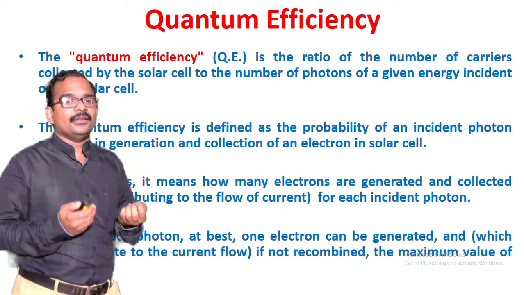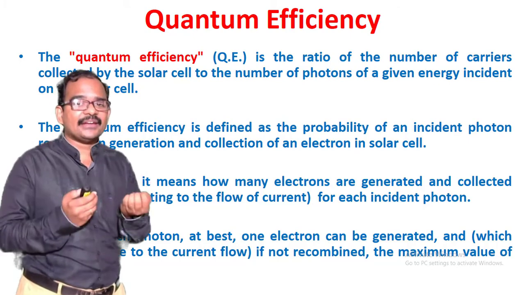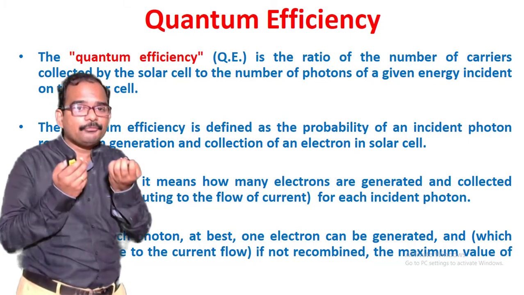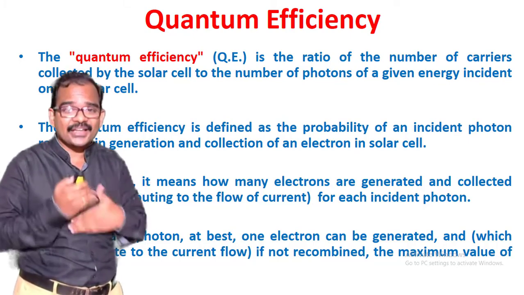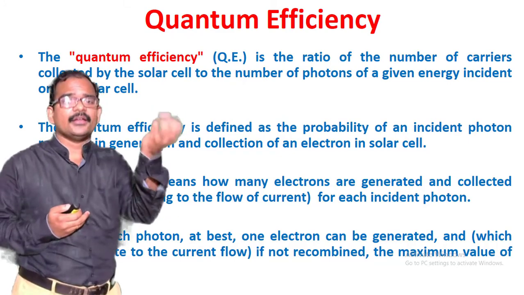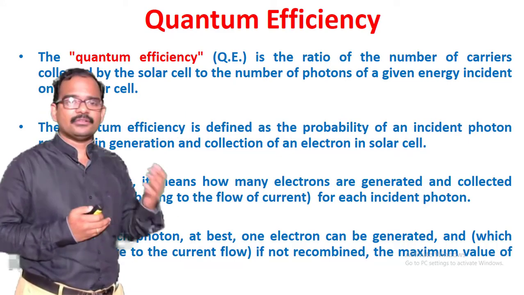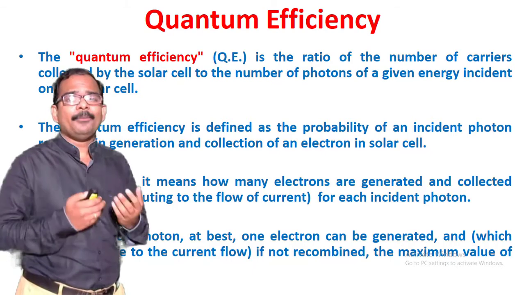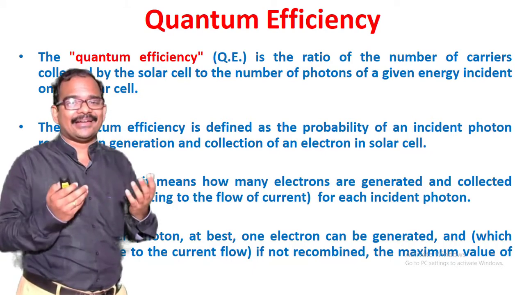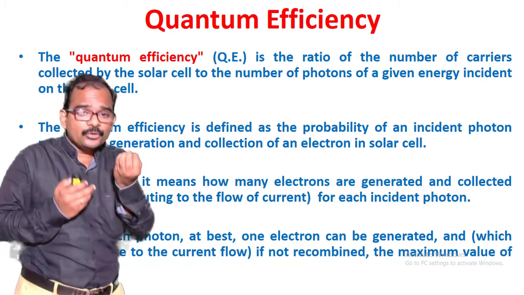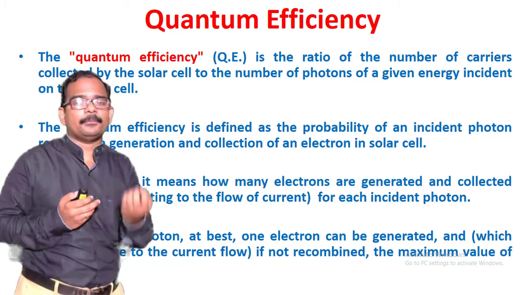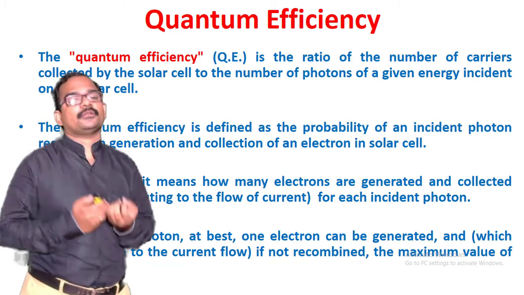In short, the quantum efficiency is defined as the probability of an incident photon resulting in the generation and collection of electrons in a solar cell. In other words, it means how many electrons are generated and collected, that is contributed to the flow of the current from an incident photon.